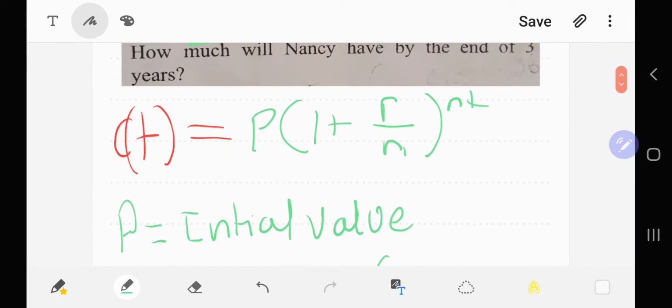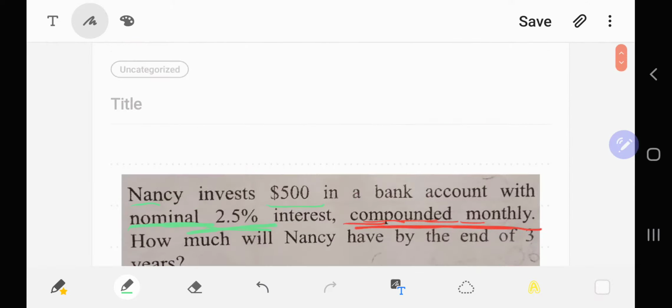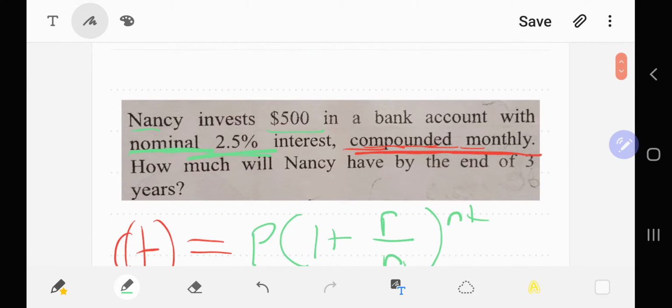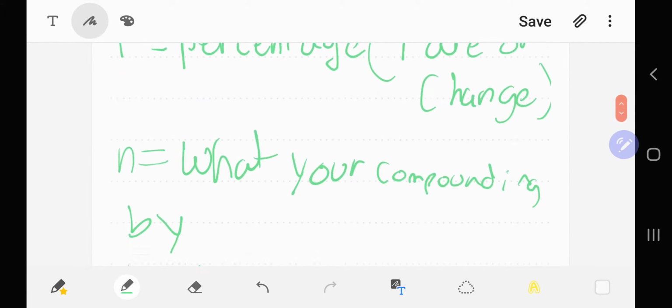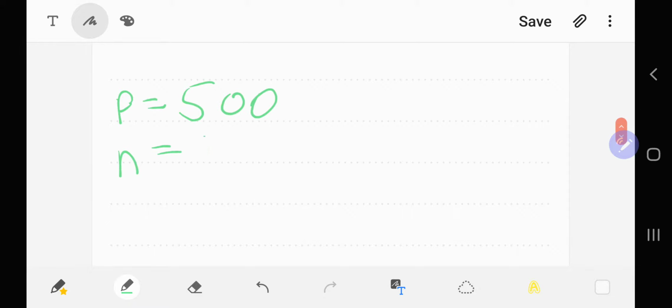So now that we've got that, we want to substitute. Capture this in your head, write it down, take a picture of it. Make sure you have this because I'm going to be scrolling down and I don't want you to get confused. Now that you have a screenshot, you can pause the video obviously. So we're given P equals 500, n equals 12, and r equals 0.025.